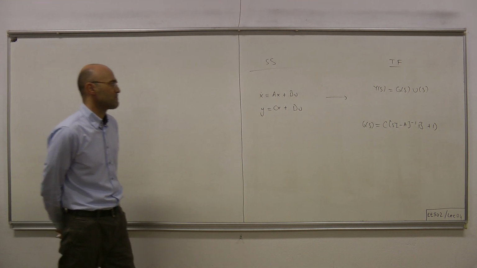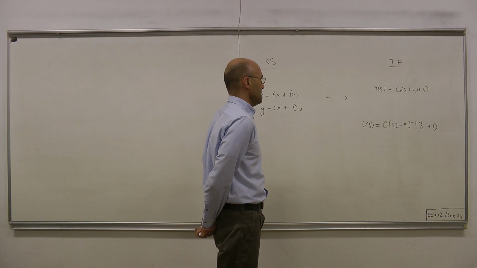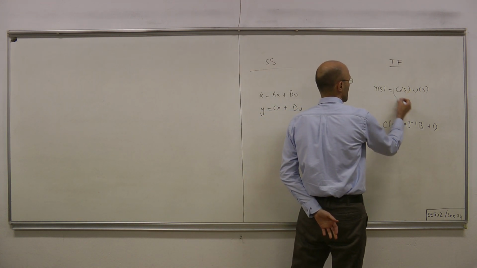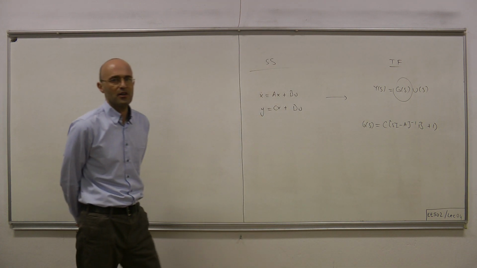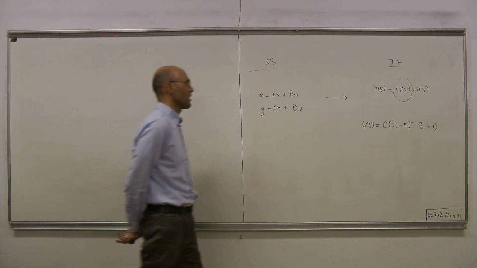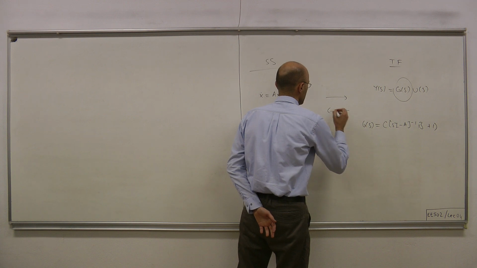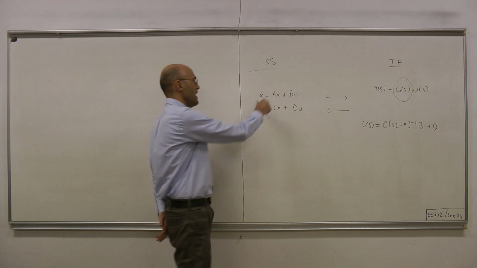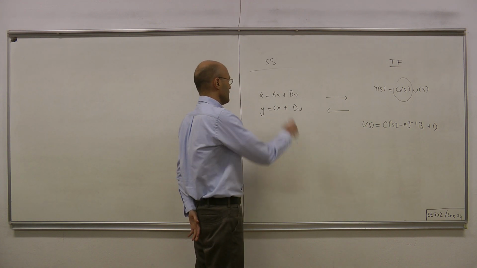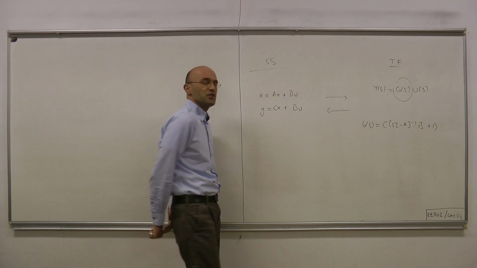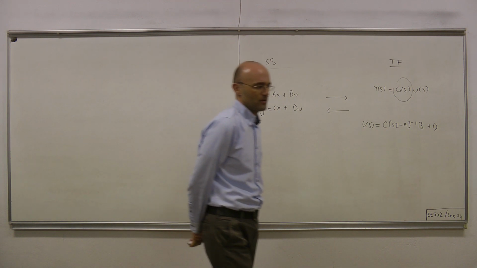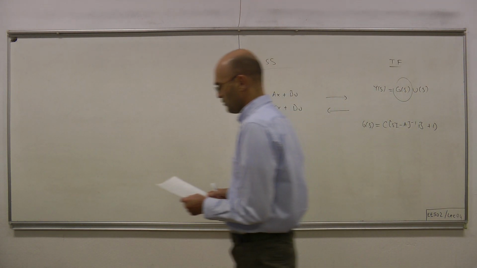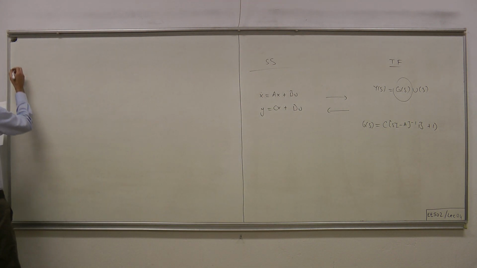Now, in this lecture, we're going to talk about the reverse direction, namely, given a transfer function representation of an LTI system, how can we find four matrices A, B, C, D, so that we have, for the same system, a state space representation. Okay? So, in particular, we will be dealing with the following question.